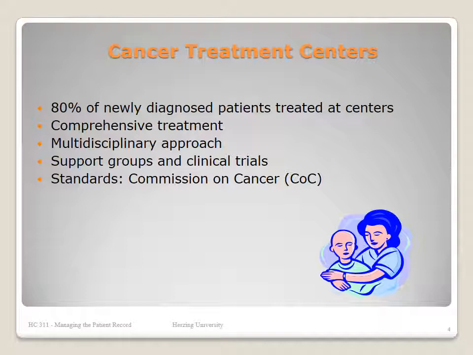An estimated 80% of newly diagnosed cancer patients seek treatment in a cancer treatment center. These centers provide comprehensive treatment services to patients. They offer either radiation, chemotherapy, or a combination of both to patients.